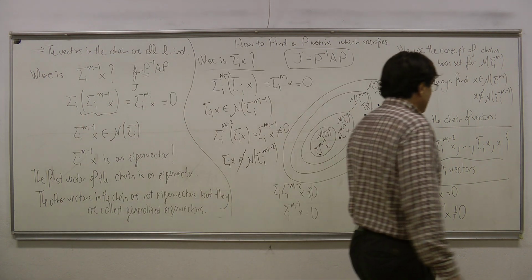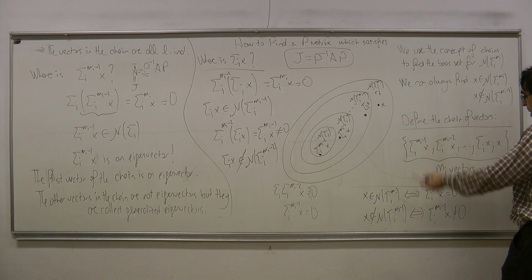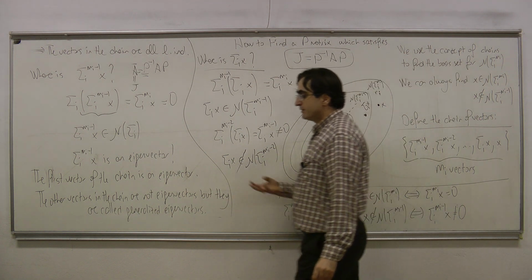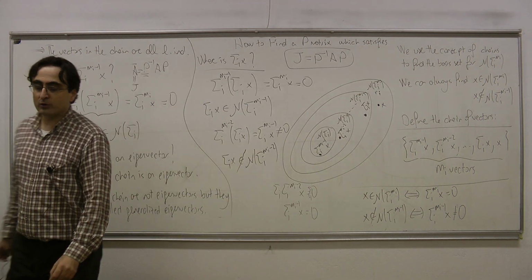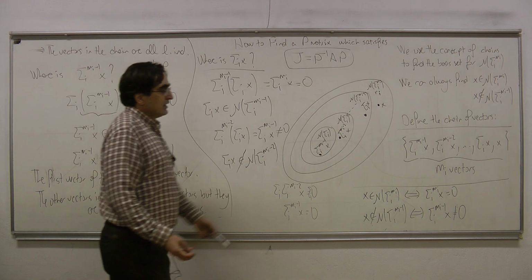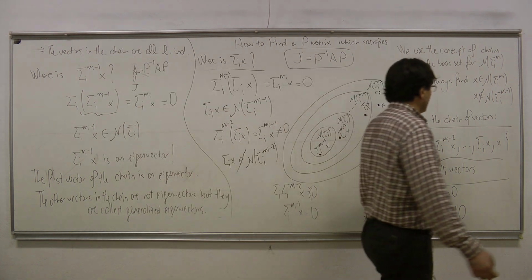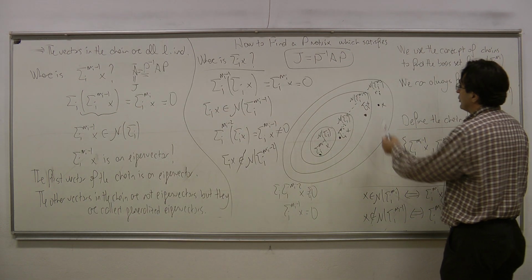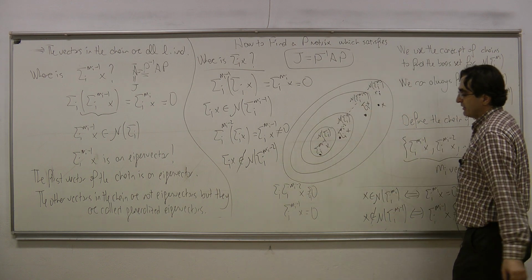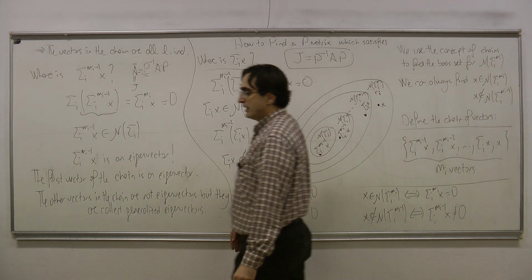Okay? So the concept of chain will be very important, and we are going to learn how to find such chains and how to use those chains in order to obtain the basis sets for these null spaces in the coming lectures.